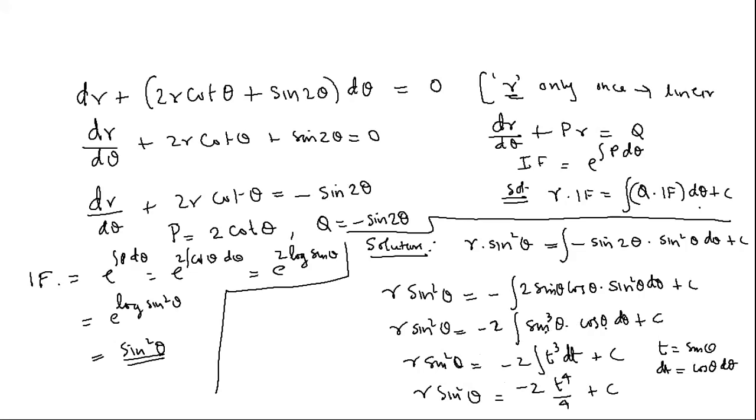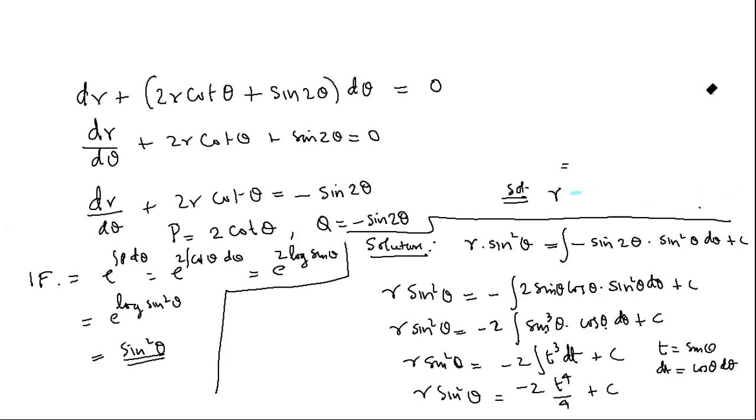So your final answer will be r sine square theta is minus sine raised to 4 theta by 2 plus c.